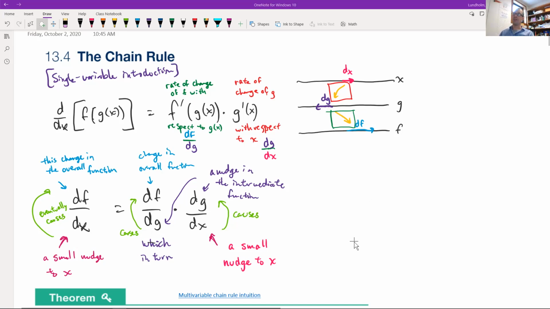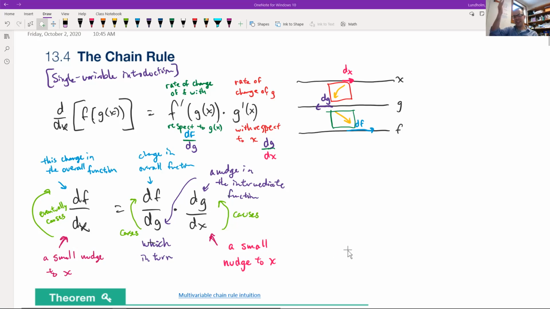And so multiplying those two rates together gives us the overall rate of change, df dx, in the end. That's what we were looking for. That's the single variable chain rule. And again, two different ways of saying the same thing. This is df dx. This is df dg. This is dg dx. Same dealio.